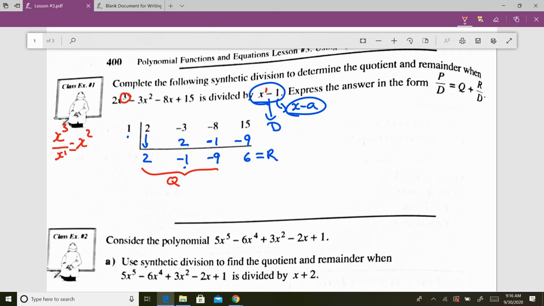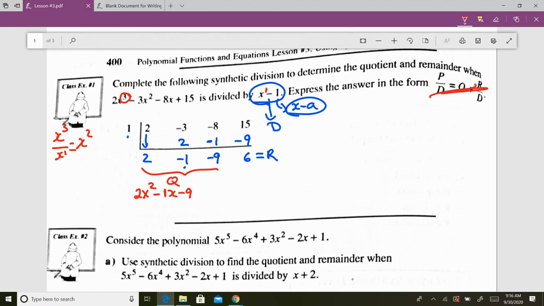So this 2 is an x squared. It's 2x squared. What's the next one? What's -1? What variable? And what power? X. They're going to go down. So then it's minus x. And then the 9 is the constant term. Could write x to the 0 if you wanted. There's your quotient. 2x squared minus x minus 9. Okay? Way faster than long division.